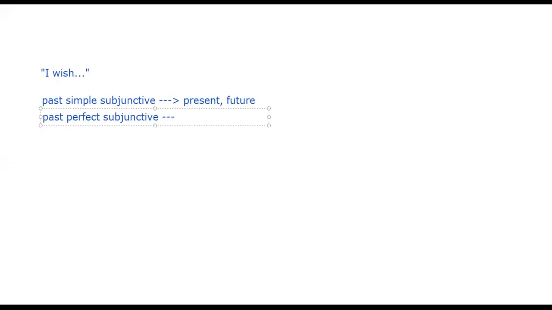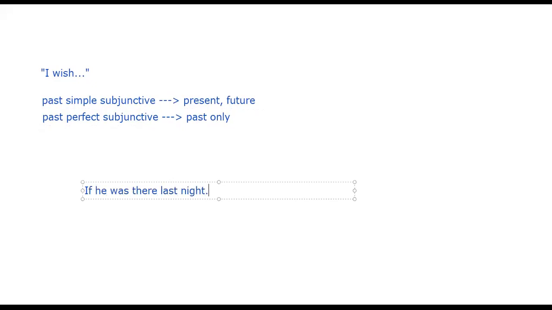But again, natives will often mix up the two. They just do. And because English doesn't define the subjunctive mood very well compared to Spanish, a lot of the times the subjunctive will look like the indicative. So people get confused because they see sentences like, let's say, if he was there last night instead of were, and notice how it's was and not were, because we're talking about a real situation here.